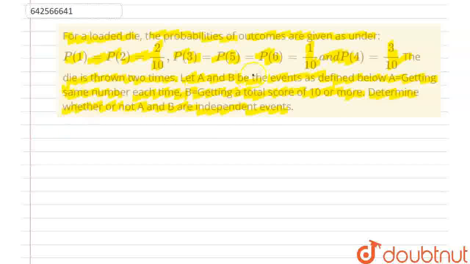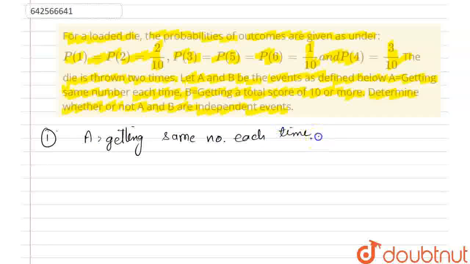So we are given that the die is thrown two times.